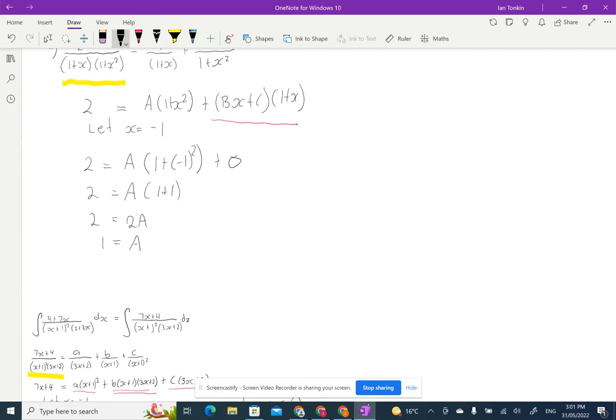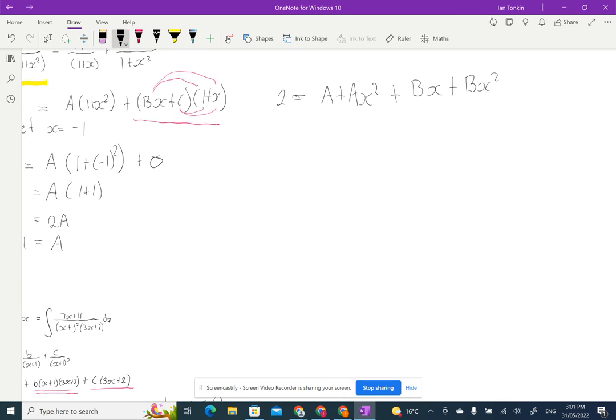So to expand it, I get 2 equals a plus ax squared plus, and I'm going to get 4 things here. I'm going to get that, and that, and that, and that. So it's going to be bx plus bx squared plus c plus cx.